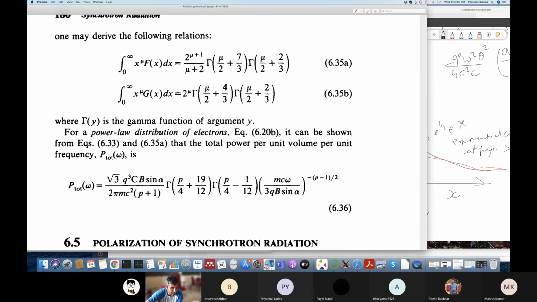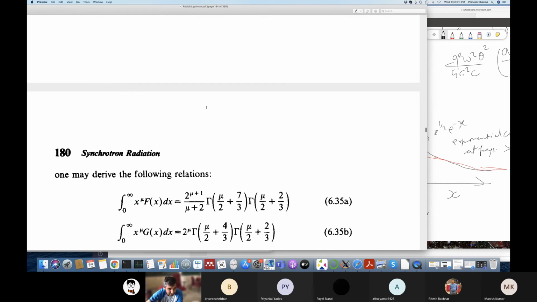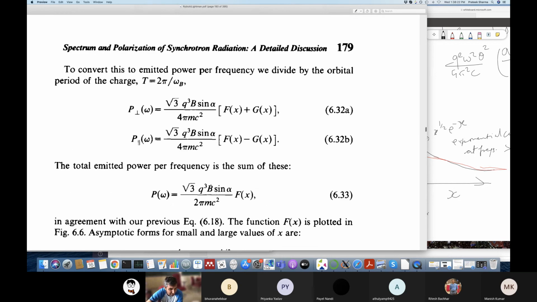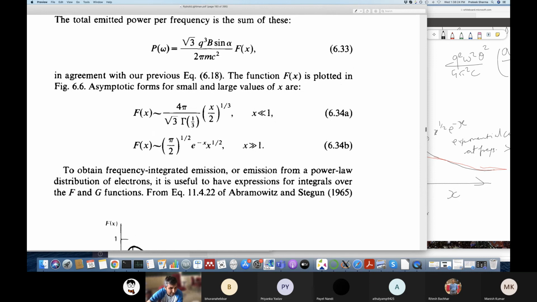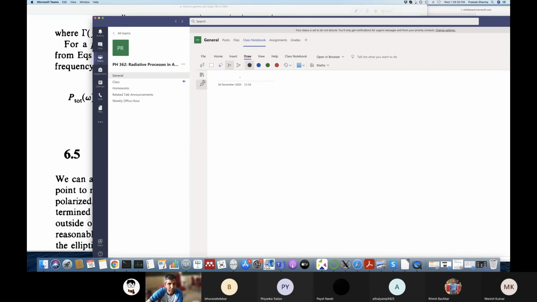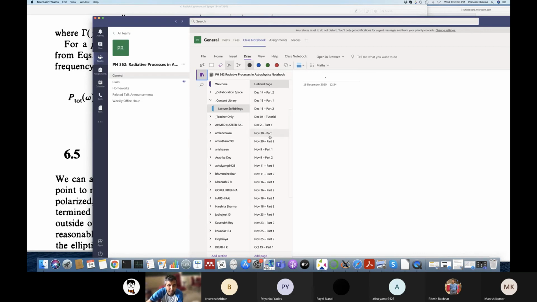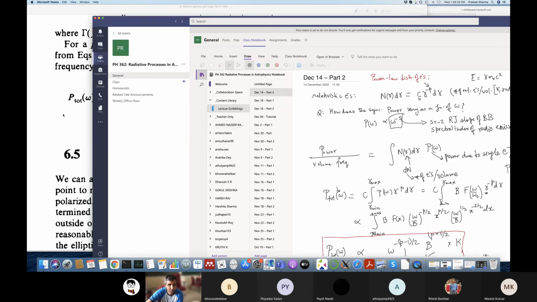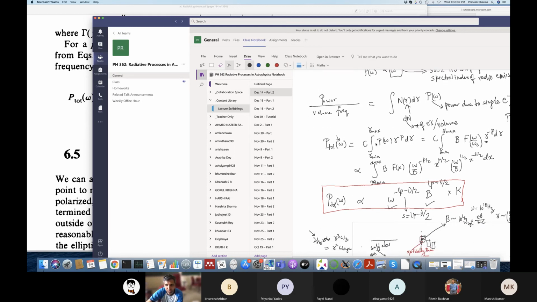Now, if you assume a power law distribution of electrons, right? So this is the same calculation that we did in this order of magnitude way. Now, if we plug in the numbers, these magnitudes of different values at the beginning, this is the formula that you get, right? I'm talking about this formula.